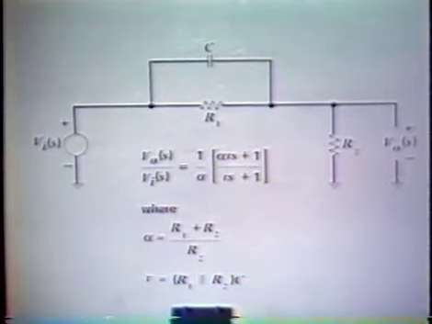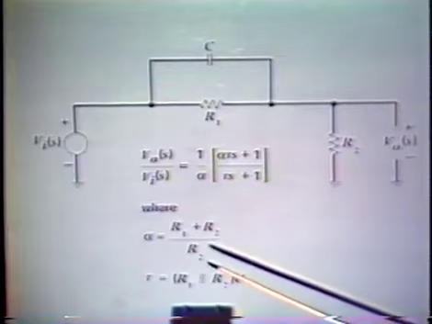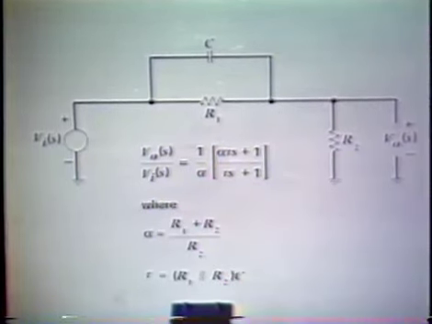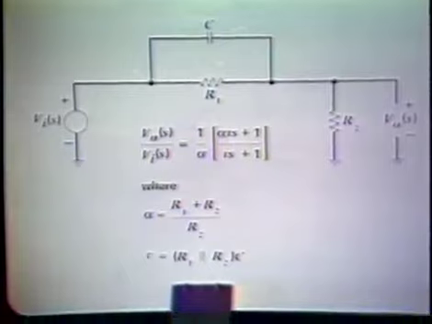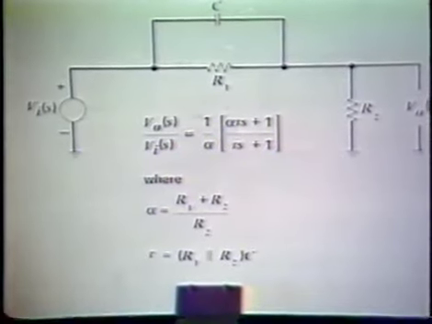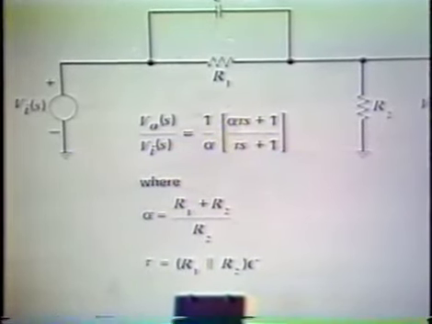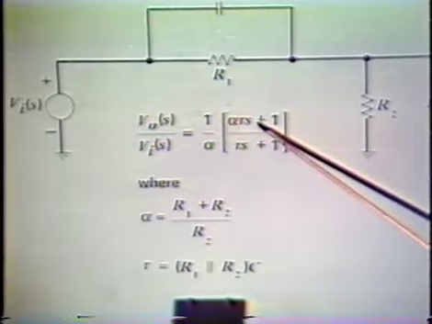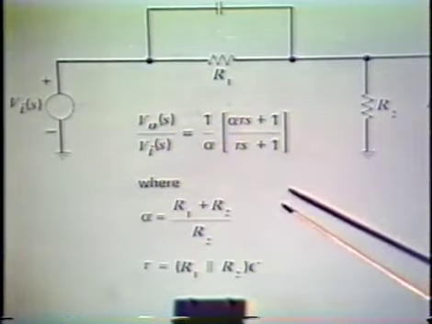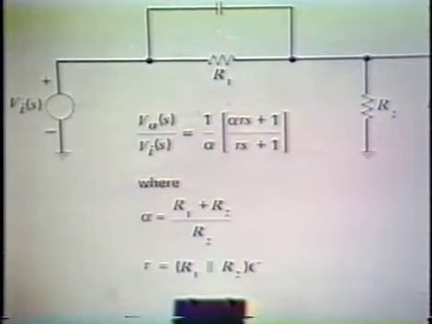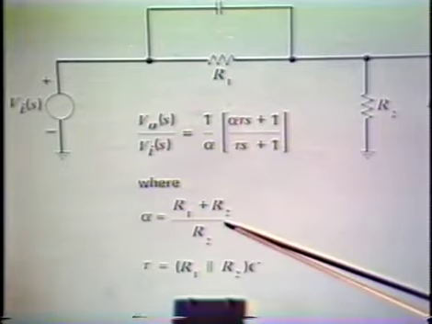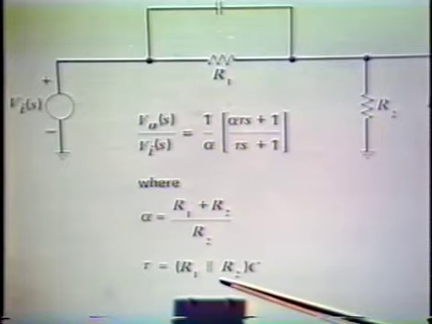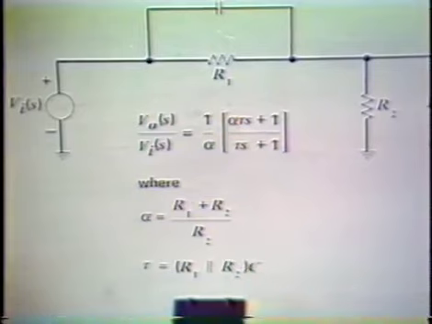And so we have a transfer function that must have a 0 that causes the gain to increase from its low frequency value. We have a single pole that eventually causes the gain to flatten out. If you simply write the network expressions, you find that you get this form, the 0 at a relatively lower frequency than the pole, for the V out over V in transfer function, where alpha and the time constant are as defined here.